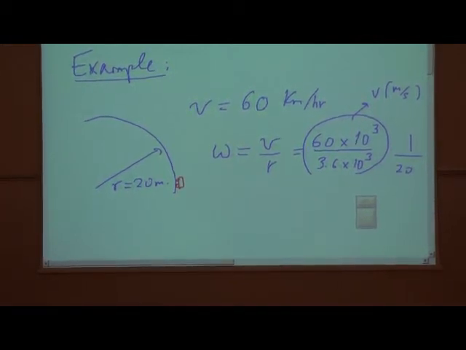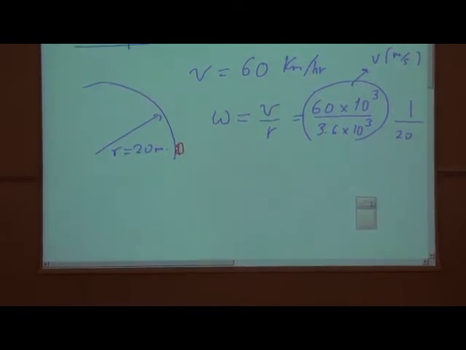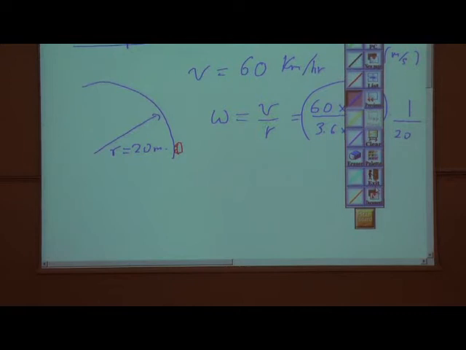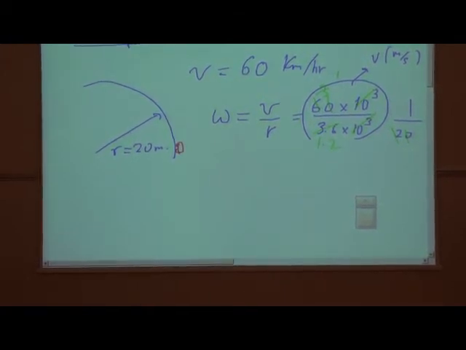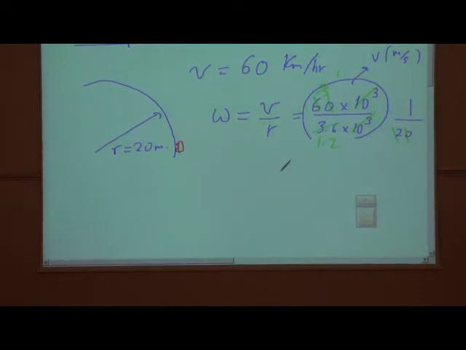Okay? So these cancel, this cancels that. This is a 3. This is a 1 over 1.2, which is about 0.8. Okay? So it's roughly 0.8 radians per second.